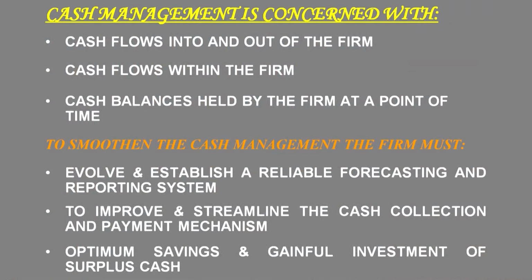Many things we will talk about in cash management, but we will start here with this: cash management is concerned with 3 things: cash flows into and out of the firm, cash flows within the firm, and cash flows held by the firm at a point of time.